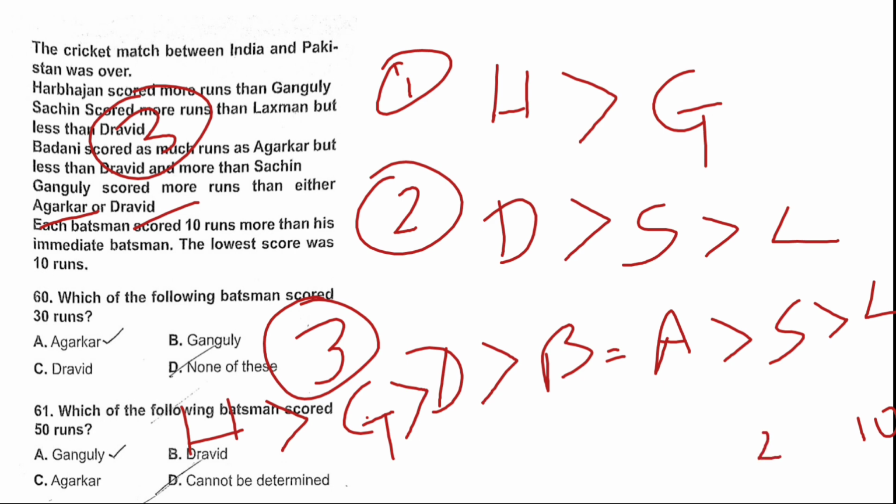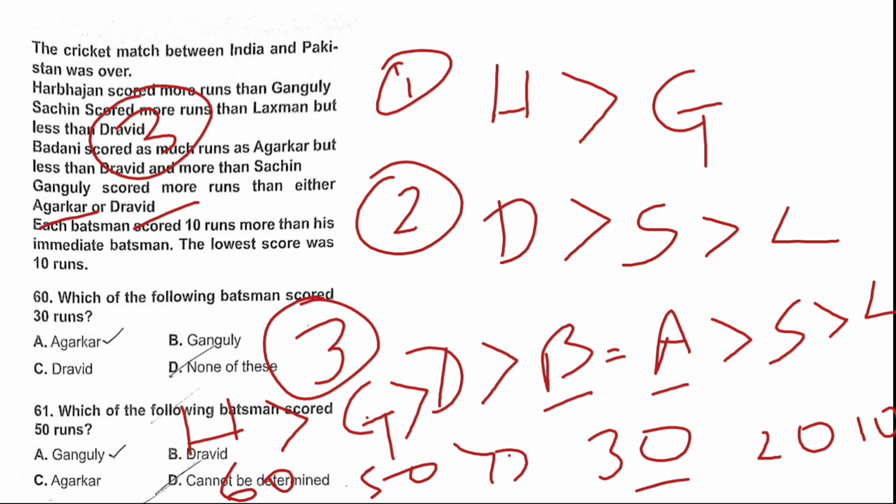Then the next one must be getting 20, 30, 40, 50, and 60. So let's move to question number 60. Which of the following batsmen scored 30 runs? We know either Badani or Agarkar scored 30 runs. In the options they've given only Agarkar, so we'll select Agarkar. Next, which of the following batsmen scored 50 runs? We know Ganguly scored 50 runs. So Ganguly is the right answer.